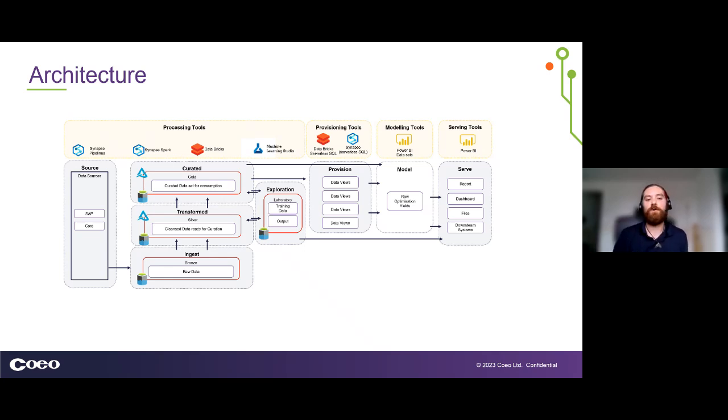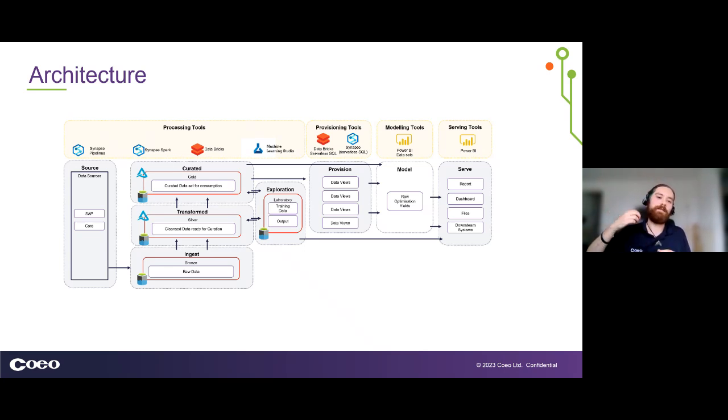But if I talk about the actual technologies that were used within the Microsoft stack, for the whole orchestration of it, we were using Synapse and Synapse pipelines. The data itself is stored across different lakes, so different storage accounts, with Databricks doing a lot of the heavy lifting with the business logic, the transformations and all of that, and the allocations at the end.